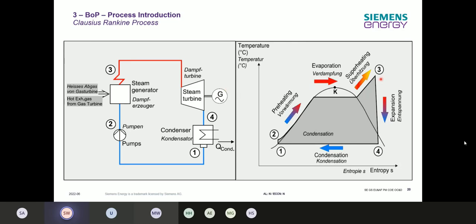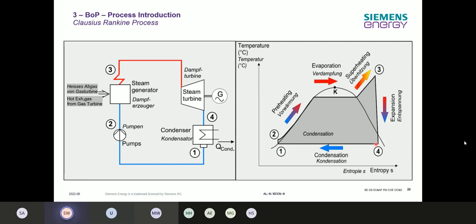For the turbine, we're getting in here with a high temperature, high pressure, and then, in this example, one pressure stage, getting through the turbine until we get from the turbine outlet into the condenser, and inside the condenser we then have the condensation process, same temperature of steam temperature and condensate temperature.